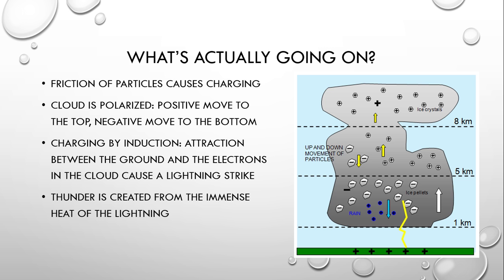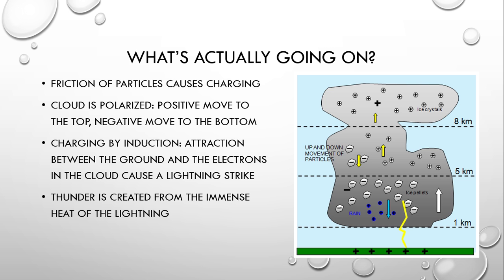The next thing that happens is, because this attraction of the electrons at the bottom of the cloud to the ground becomes so large, the electrons are transferred through a very quick and huge burst of energy that we know as lightning. It's just the fact that the attraction becomes so great from all the electrons becoming attracted to the ground.